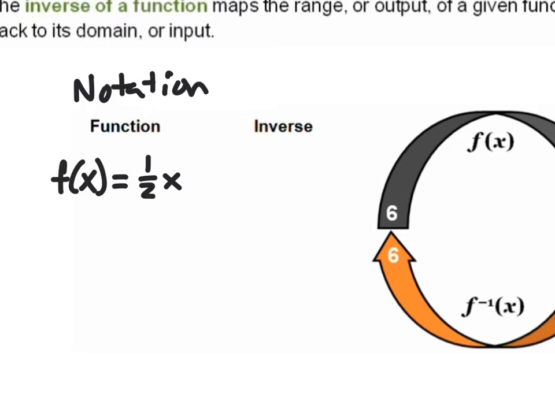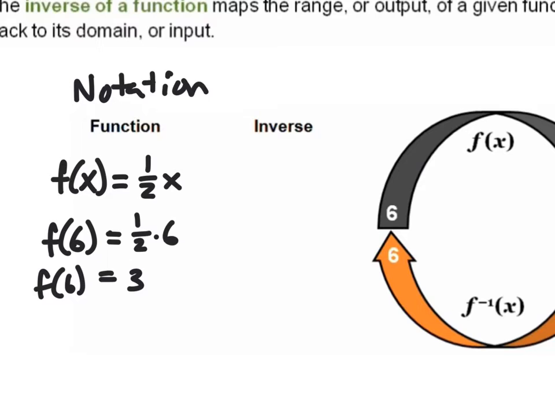Then if I were to plug in, say, f of 6, plug in 6 for x, that's going to give me 1/2 times 6, which gives me a value of 3. So f of 6 is equal to 3. Now, therefore, on the function I have this point (6, 3).